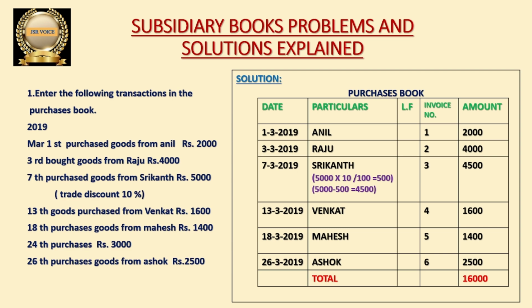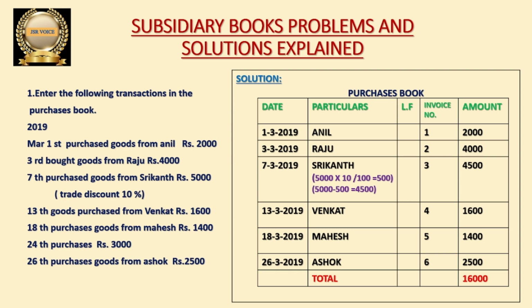So I recorded serial numbers 1 2 3 like that, because in complete question those invoice numbers are not available. If those are available, we should mention that number only, whatever is given in the question. Now I mentioned 1. In the amount column, I just have taken 2000 rupees from the question and recorded there.